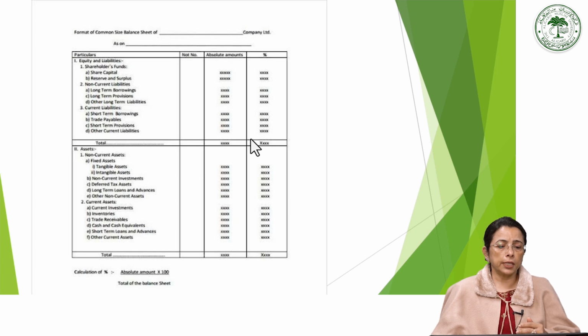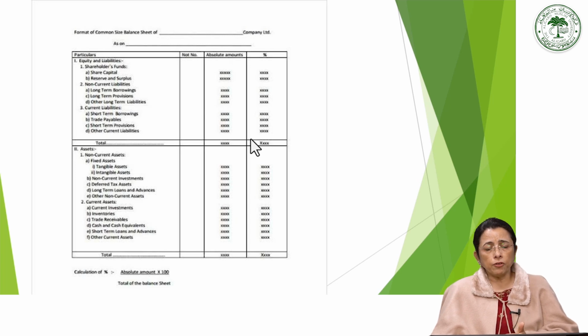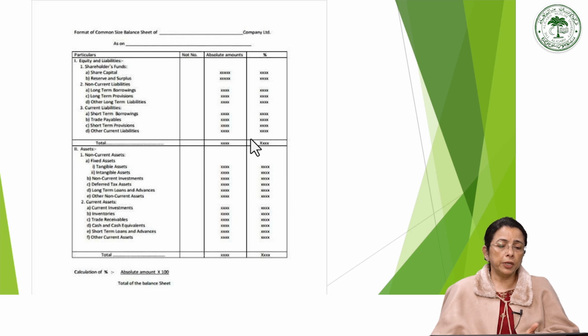Under the fixed assets, they have all the tangible assets as well as intangible assets. Tangible assets means furniture, fixtures, or anything physical, and intangible will be goodwill. And then we have the non-current investments, deferred tax assets, long-term loans and advances, and other non-current assets.